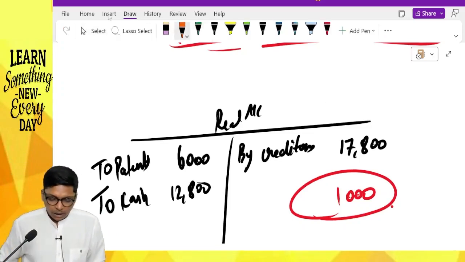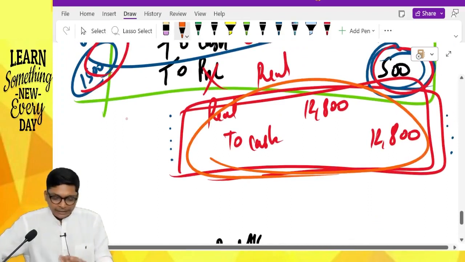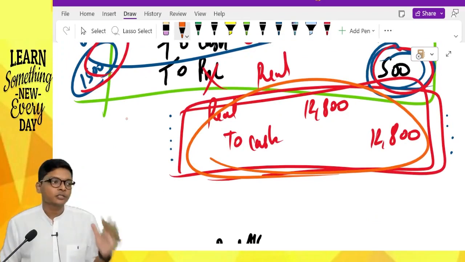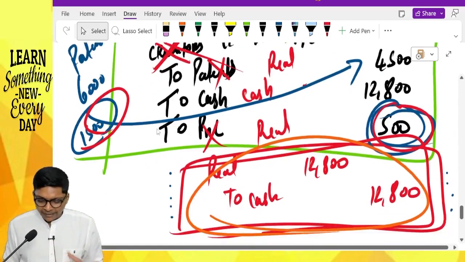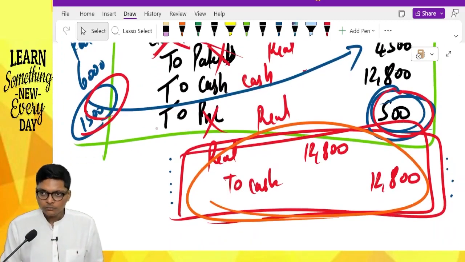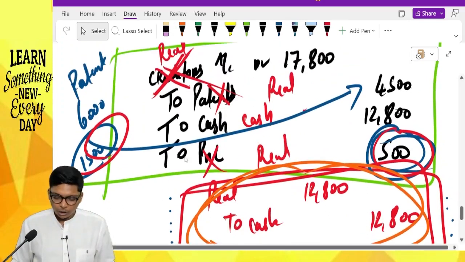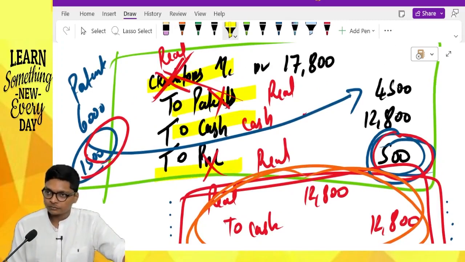See, did you all understand this entry? Until this entry, the sum is over. Nobody is going to test you on the concept, but sometimes it's important to understand how, by passing this entry alone, my sum is correct. This is the main entry: creditors to patents, to cash, to P&L.